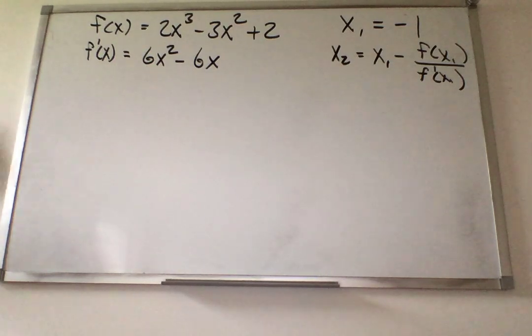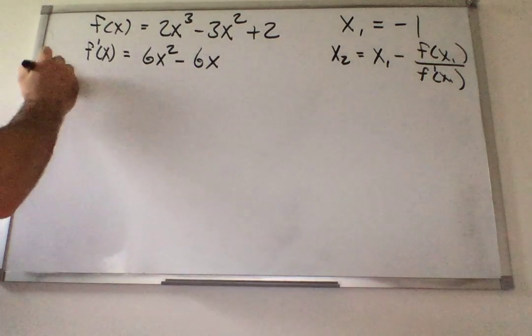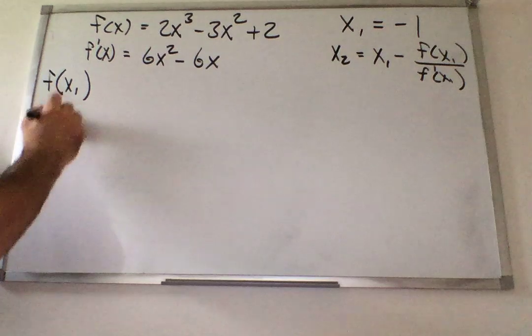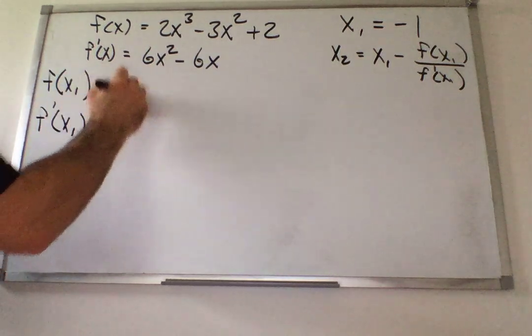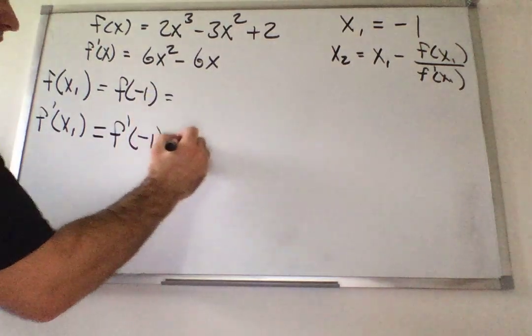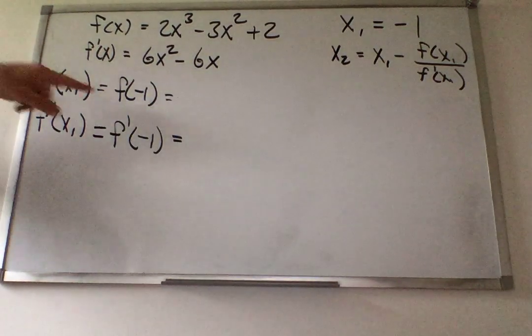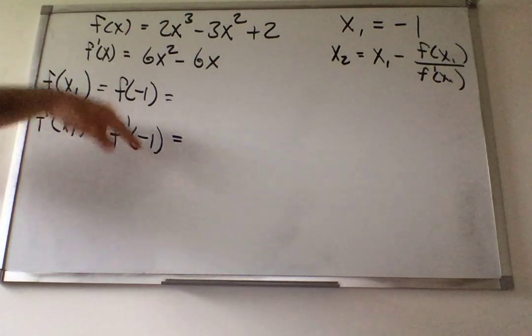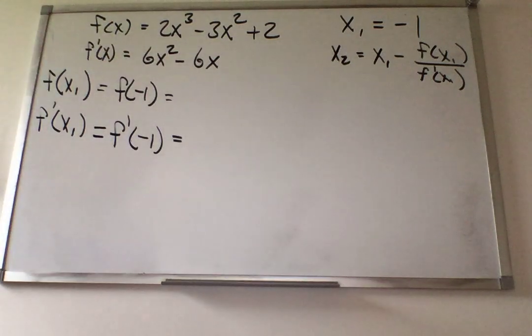Now let's go ahead and find the function value, f of x1, and f prime of x1. So that's f of -1 and f prime of -1. That is just taking -1, plugging it into the function, and taking -1, plugging it into the derivative. If I were to plug -1 into here, I believe you get -3.